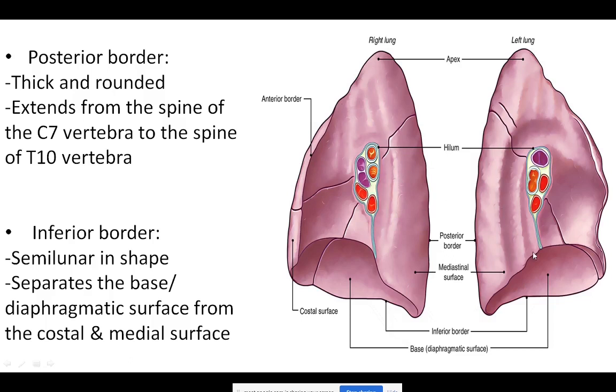It is related medially with the heart or with the mediastinum.